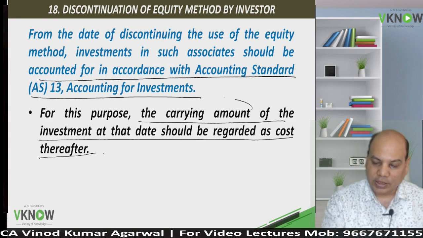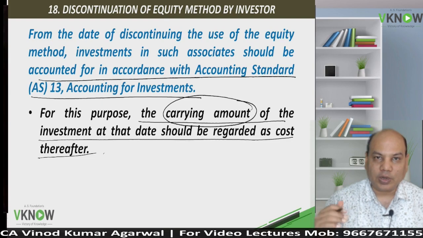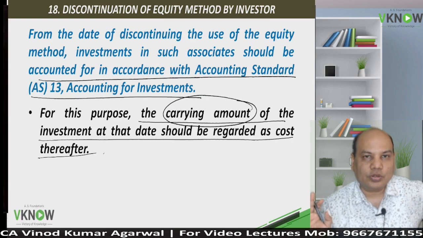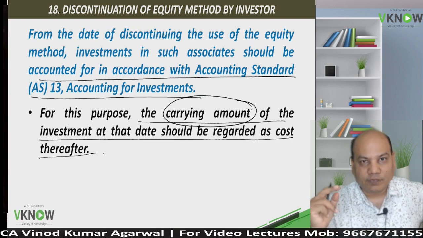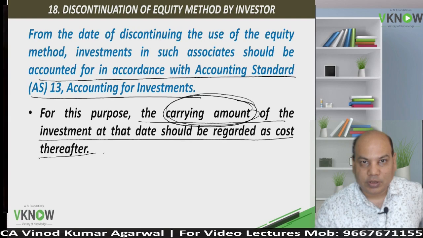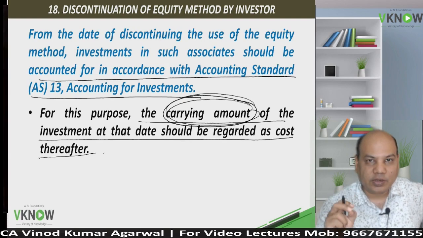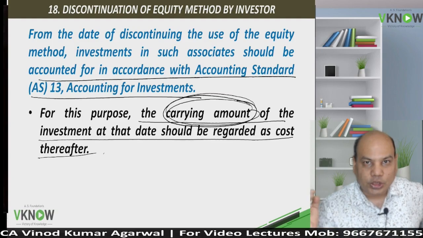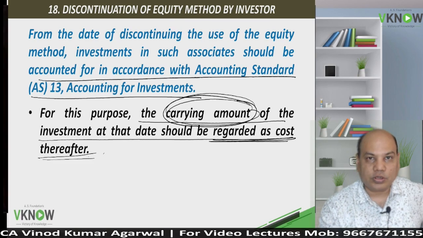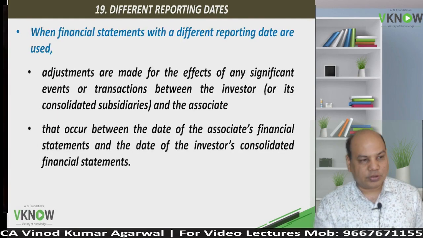Whatever the carrying amount is on the date when you stopped applying AS23, that carrying amount will be deemed cost. In separate financial statements you will follow AS13, but for consolidated financial statements, the carrying amount of the investment on the date you discontinued applying AS23 will be treated as deemed cost.